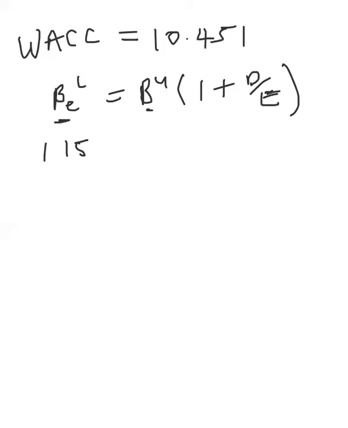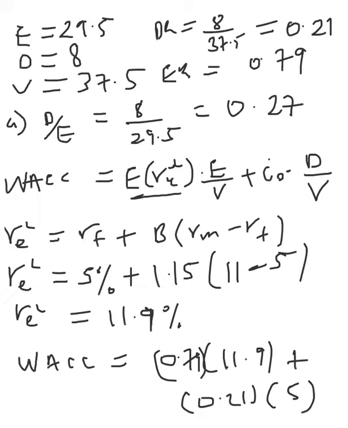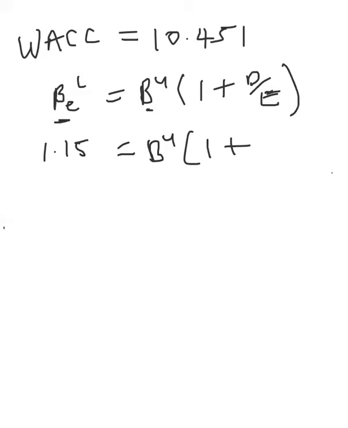is equal to beta of unlevered firm times 1 plus, and I know from the previous session, when you check from here, we said the debt to equity ratio was 0.27, which is this one. So I have 1.15 all over 1.27.